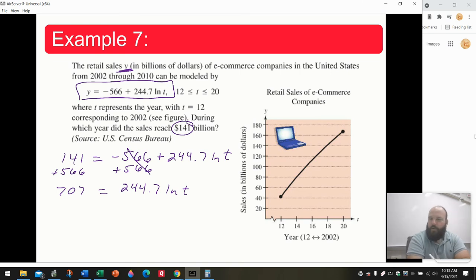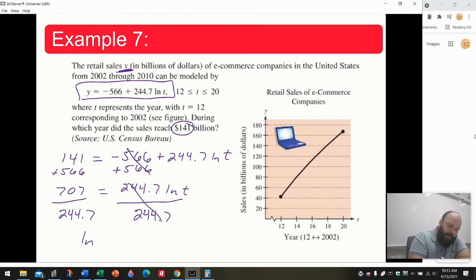Now, we still have 244.7 times natural log of t. So we need to get rid of that 244.7 by dividing it. And what we're left with is natural log of t is equal to 707 divided by 244.7.